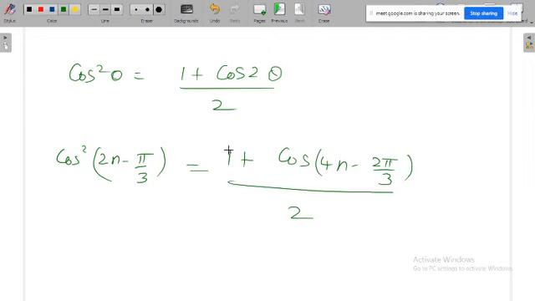The constant 1 and the division by 2 will not affect the time period of the signal. The time period will be decided only by this number 4, because the time shift also will not affect the time period.